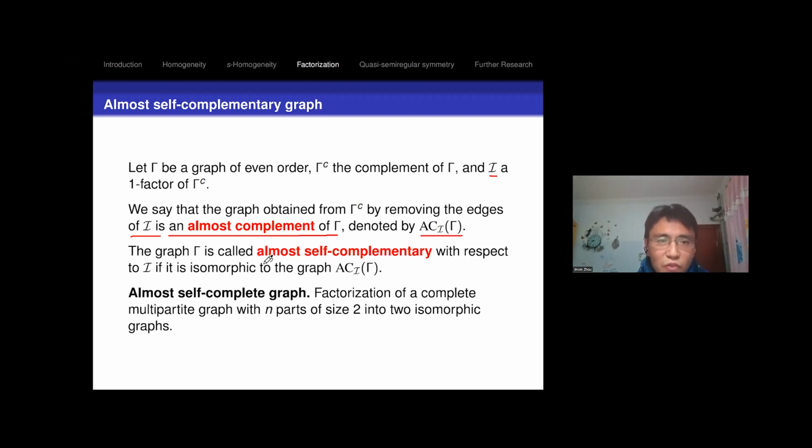The graph gamma is called almost self-complementary with respect to I if it is isomorphic to its almost complement. From the definition, you can see an almost self-complementary graph is just a factorization of a complete multipartite graph with n parts of size 2 into two isomorphic graphs.